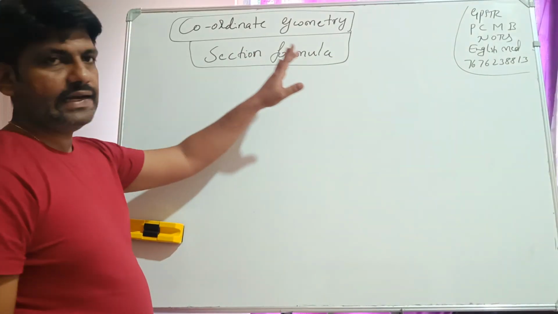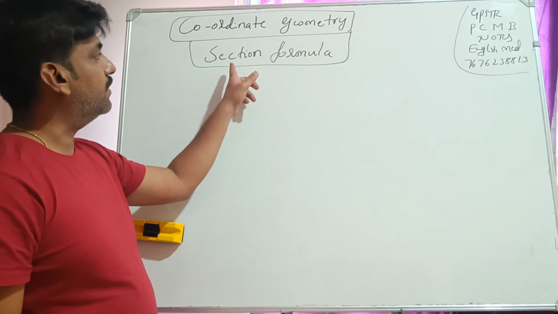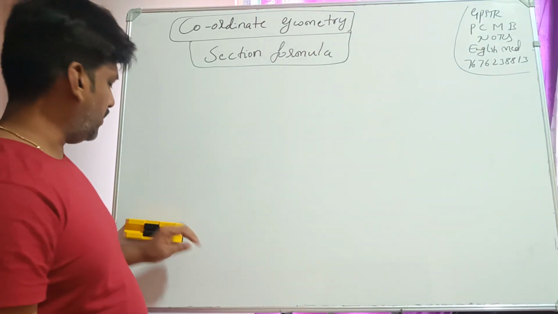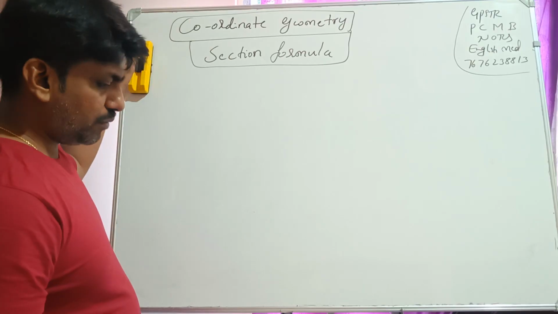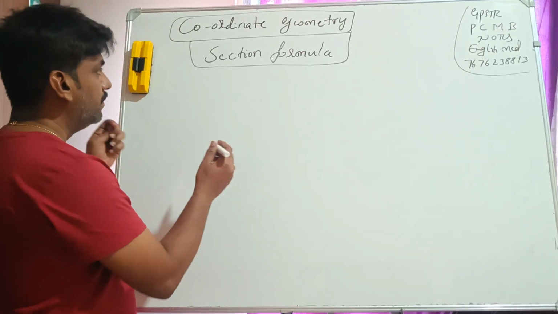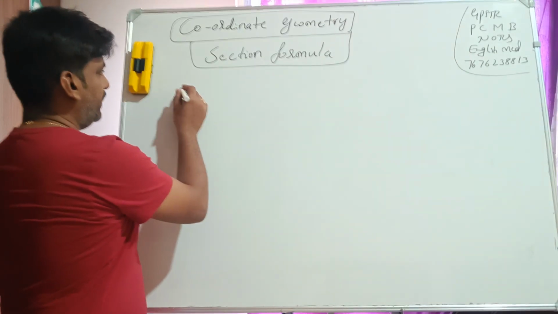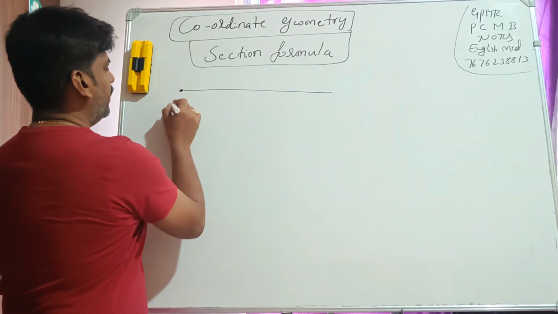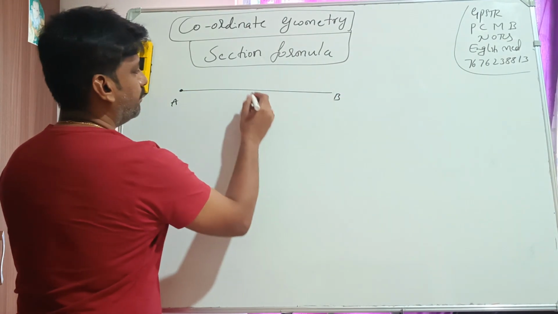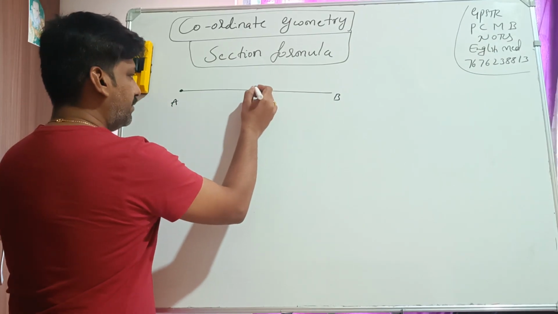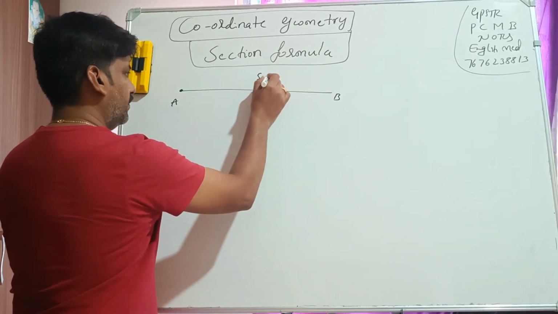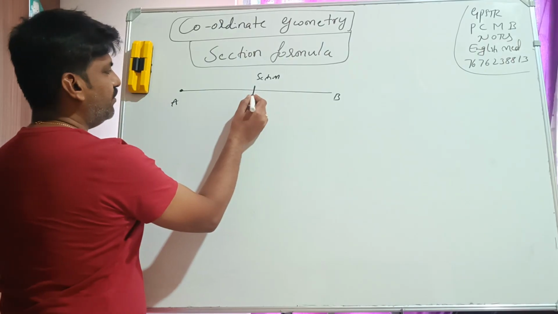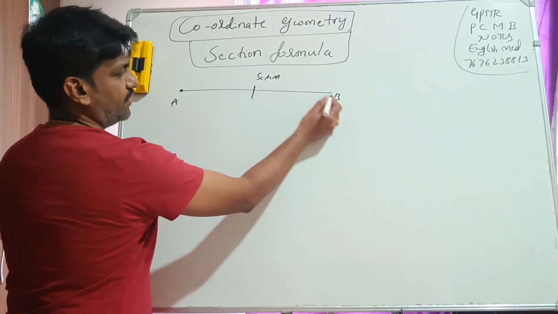So in this video, we will continue with the coordinate geometry, with the next concept, section formula. So section formula is nothing but the coordinate of a point, if it is A and if it is B. This I will call a section, which is going to divide this section and this section.